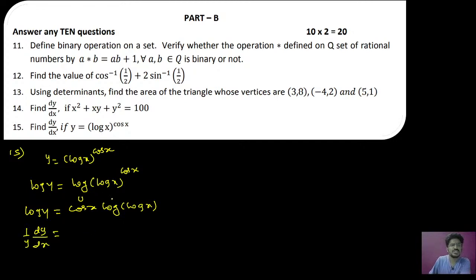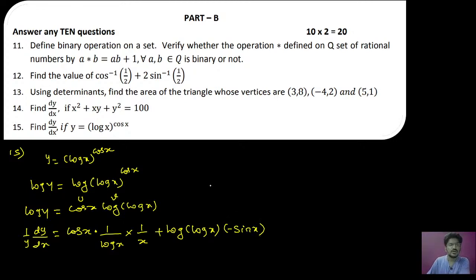see here, this is u, this is v. Product rule you have to apply. So write cos x as it is, differentiation of log x, that will be 1 by log x into differentiation of log x will be 1 by x, plus, now I will write log of log x as it is, differentiation of cos x is minus sin x.